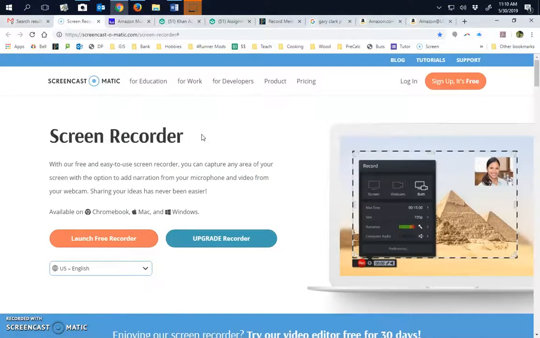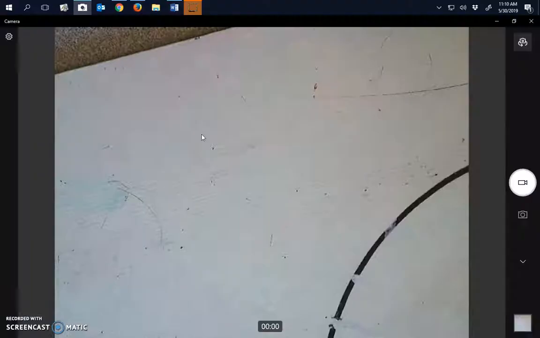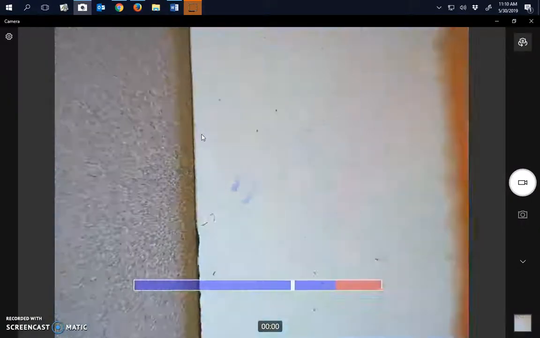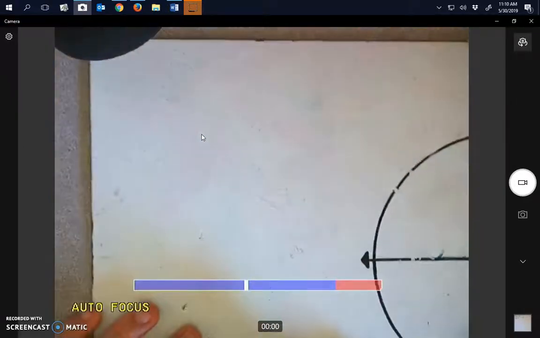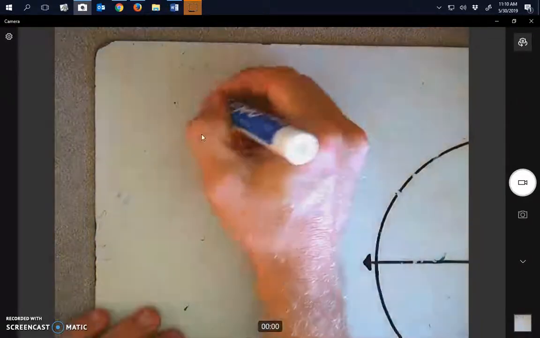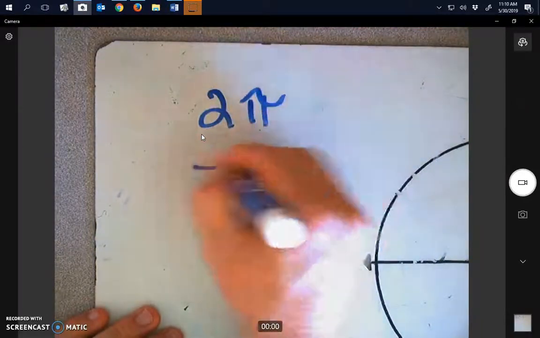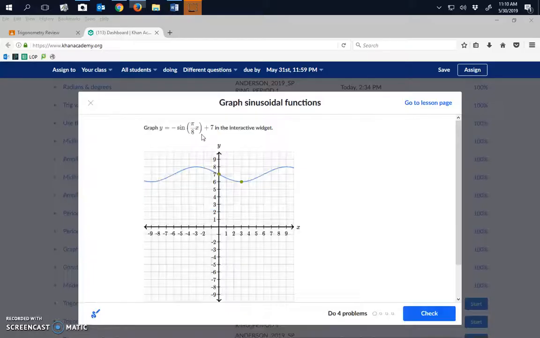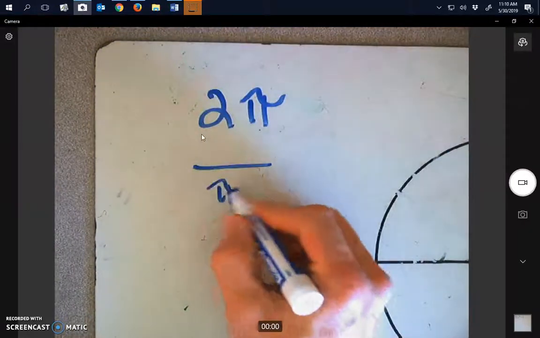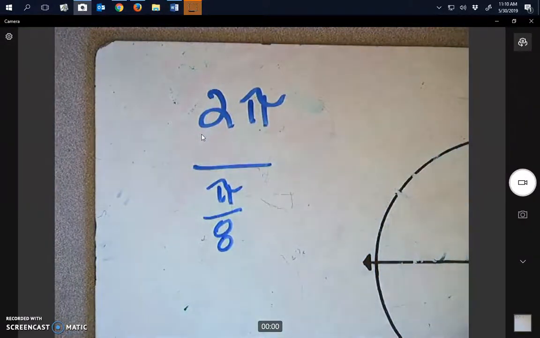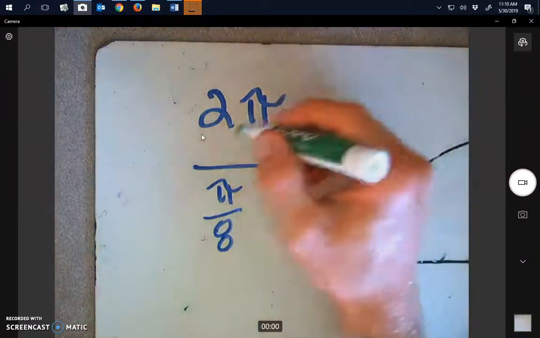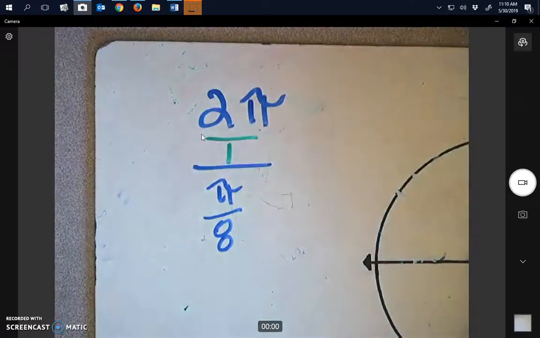That is our period. So to find our period, zoom out. We always start with 2 pi, and we divide by that number that is in front of our x, which is pi over 8. So we do 2 pi divided by pi over 8. I'm going to make my top number 2 pi over 1, because it's a fraction.